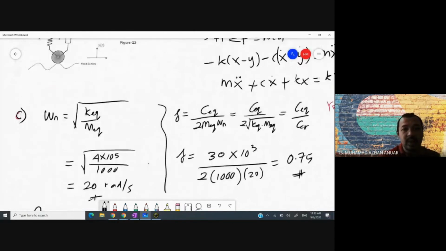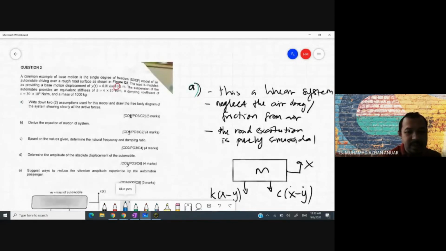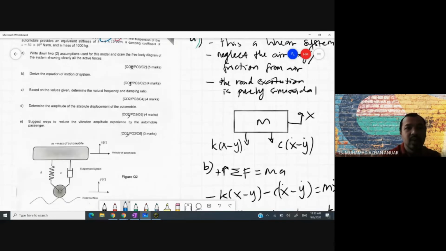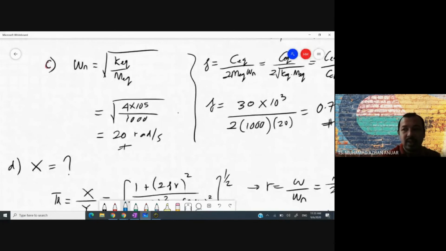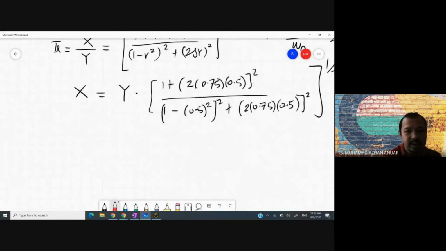And then we know y amplitude, which is given here as 0.01. So just substituting the y amplitude later on, here is equal to 0.01.